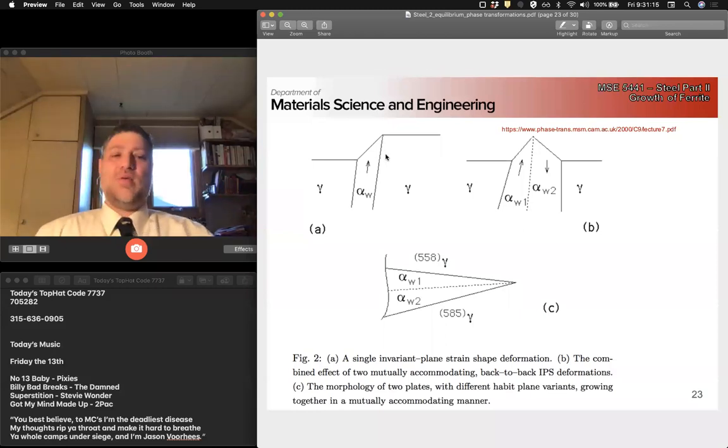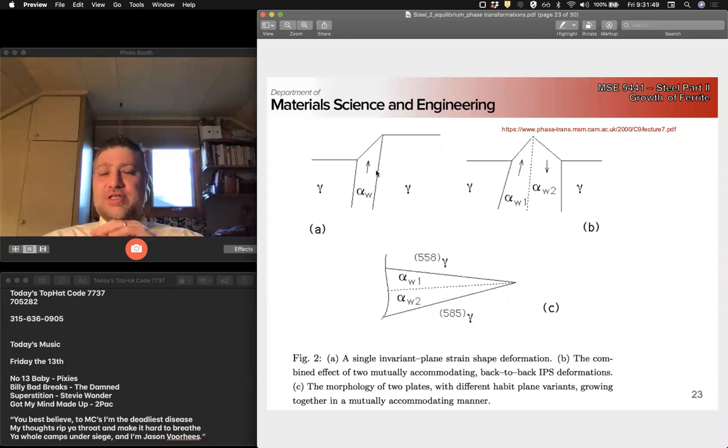Right? So I don't want you guys to get lost in the details here, right? But just keep in mind that not everything is ideal, right? Martensite is a purely shear transformation. There's no diffusion associated with martensite. The growth of grain boundary and allotriomorphic and massive ferrite are purely diffusional.